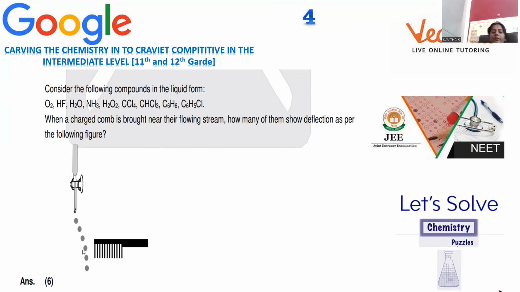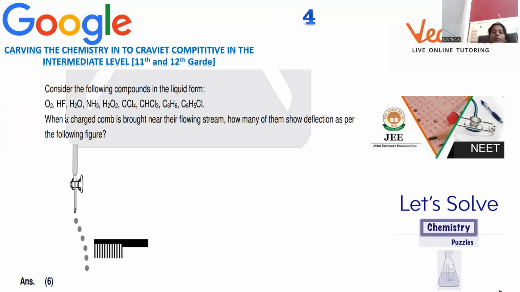Whenever drops of liquid are coming, at that point you can place a charged comb. Whenever the charged comb is near these droplets of liquid falling from the burette, what happens if the liquid is polar in nature? That polarity will pull the liquid towards the charged comb, so you can notice over here that the droplets of liquid are somewhat near the comb. This is purely because of the polarity of the liquid. If this is the condition, the liquid is said to be polar, and this is called deviation in its path, right?